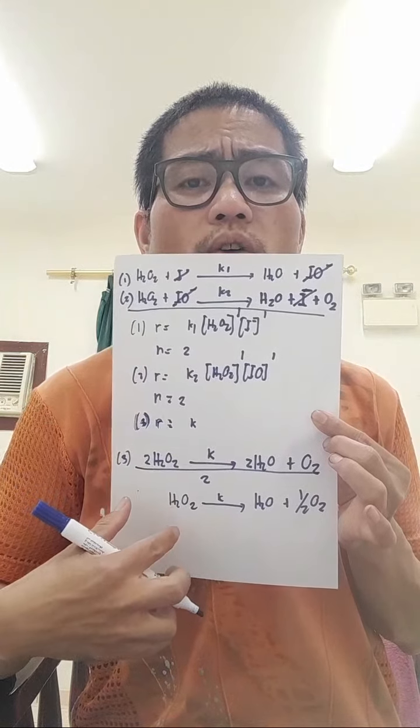So our overall rate law will be R equals K [H2O2], n equals 1.